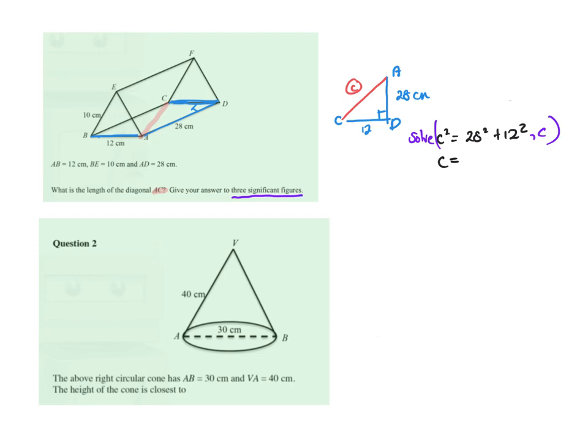So I get my answer to be 30.5. So you start counting as soon as you have a non-zero. So there's 1, 2, and there's my 3rd significant figure. So they actually called it AC. So I might write AC equals 30.5 centimeters. And there's my answer.